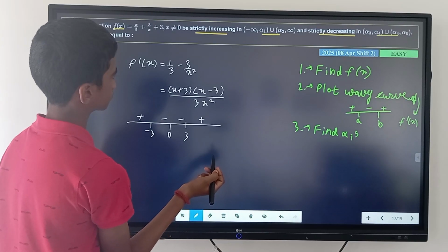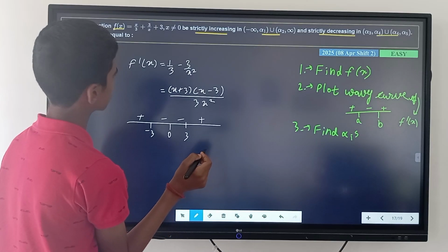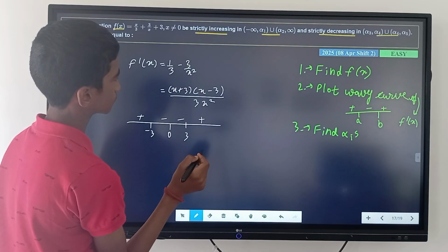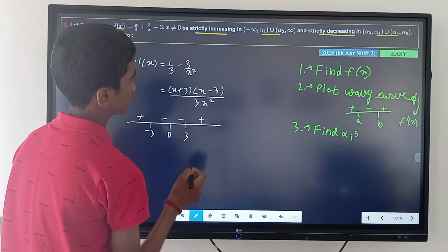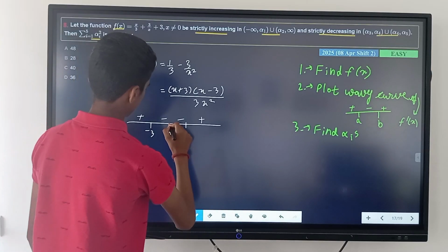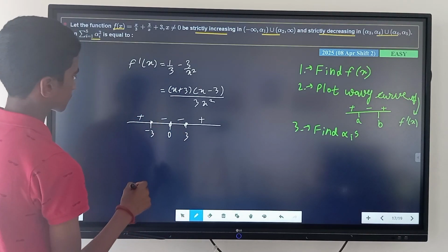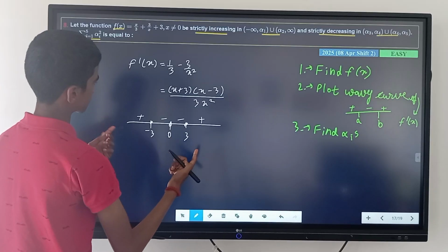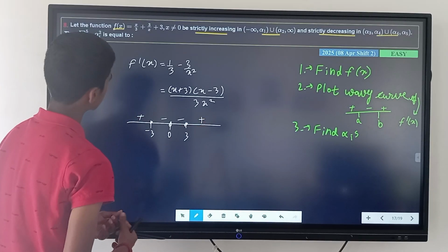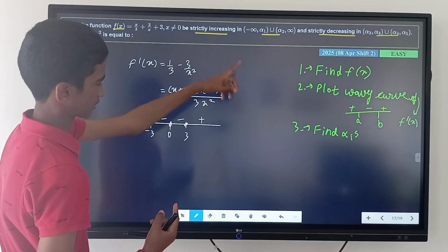In this curve, we have open interval at this, closed at these two. So in this curve, where f dash x is greater than 0, or where the sign is positive, are the points where the function is strictly increasing.